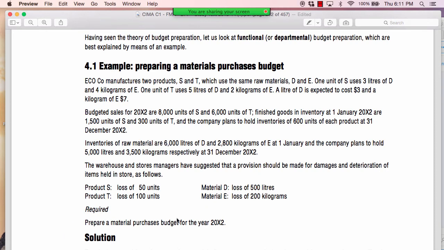Prepare a material purchase budget for the year. Now I'm asking you the approach in planning. I'm not asking you for the answer. How would you plan this? How would you structure your answer?